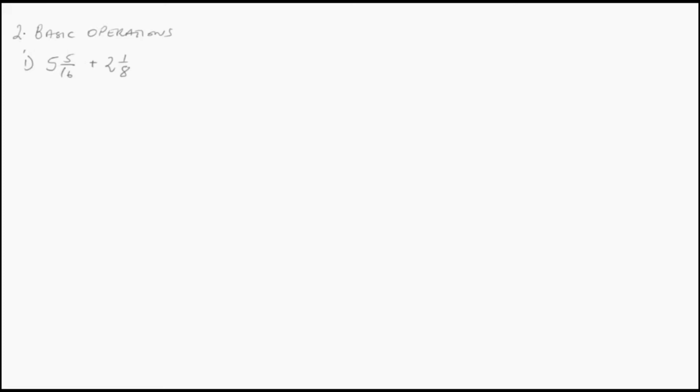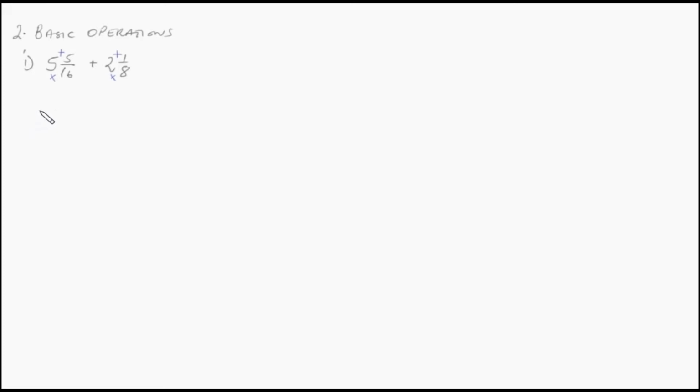So what we usually advise you to do is to change this into an improper fraction. So you are going to say 16 times 5, then plus 5. Even here you are going to say 8 times 2, then plus 1. That's basically what we do here.